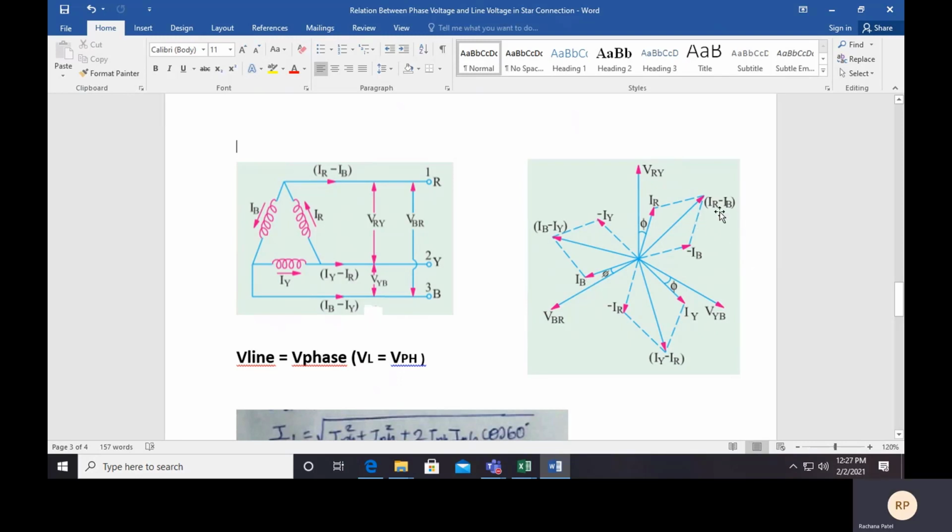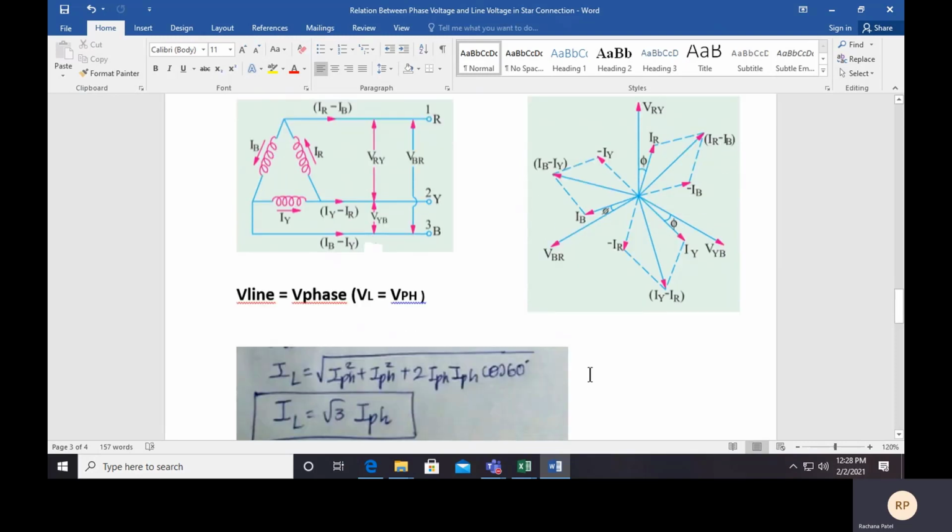Now, to get IR minus IB, just like the star connection, it is required to reverse this vector IB. So from this place, it is now available with a minus sign over here, and simply the vector addition of IR and minus IB will give the value of IR minus IB. So with the same concept, the whole phasor diagram is available to us.